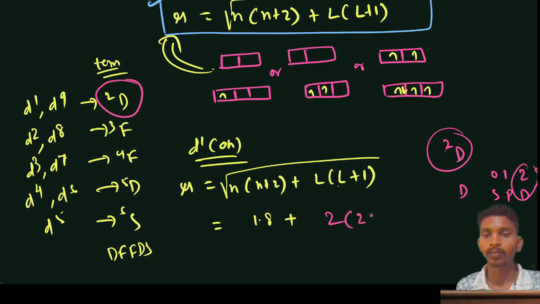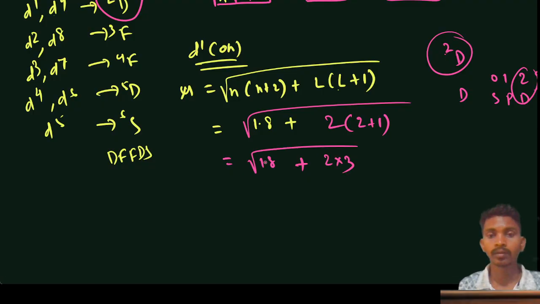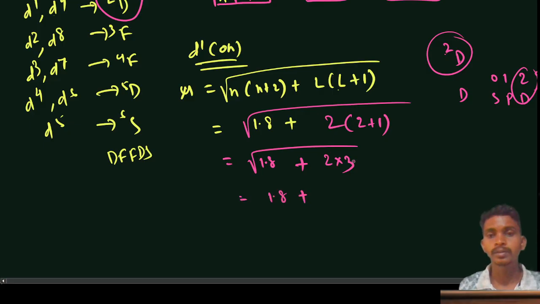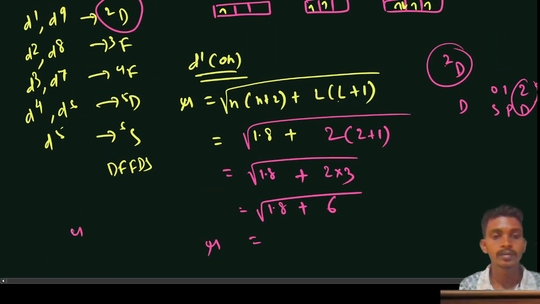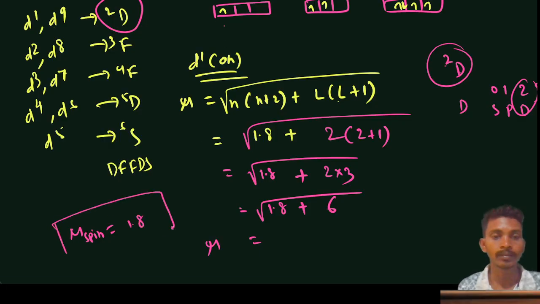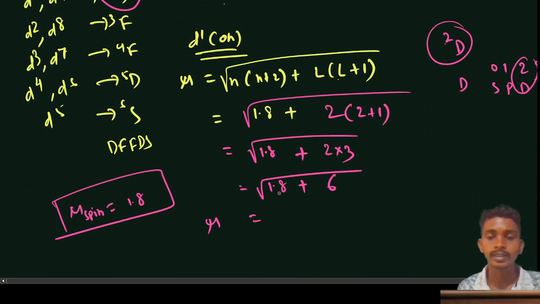And this is 2 plus 1, so if you calculate it, 1.8 plus 2 into 3, that is 6. According to the spin-only magnetic moment, its value has to come to 1.8 because of 1 electron. But since this is triply degenerate, orbital contribution is also there, so some extra value will come.